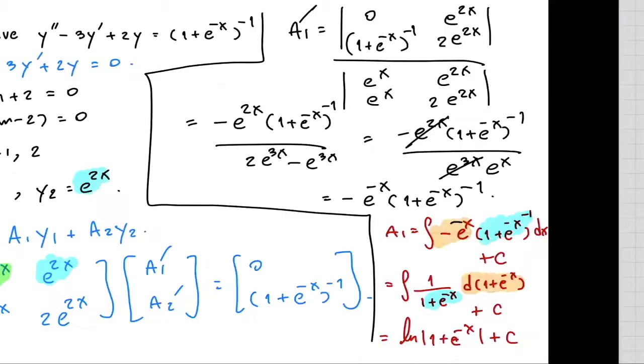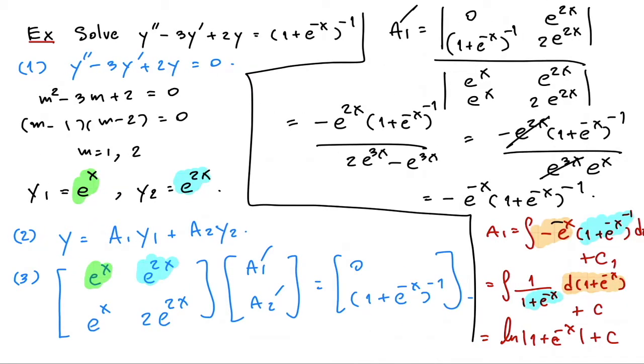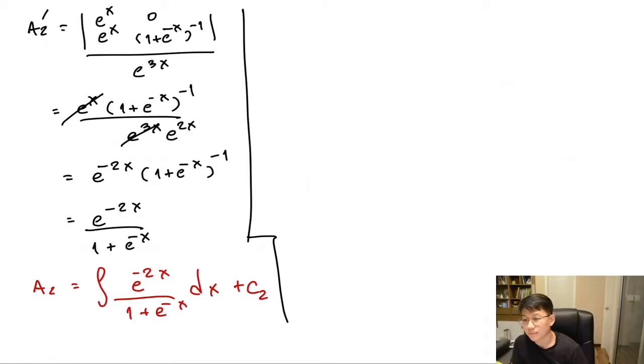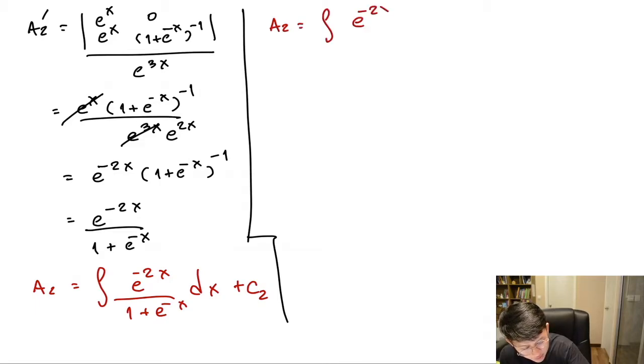I'll call this c1, and here I have c2. But guys, how to integrate this function? For some of you who don't know, you probably need to brush up your integration technique.